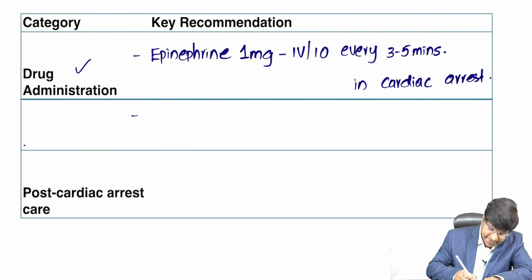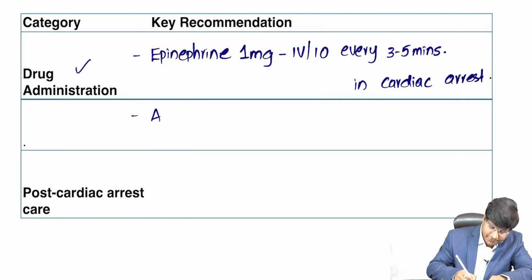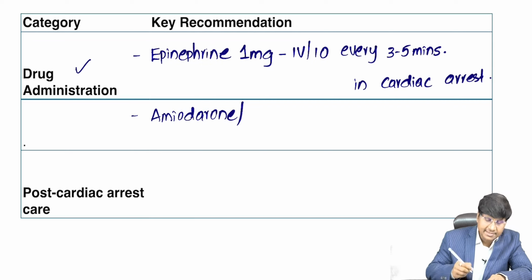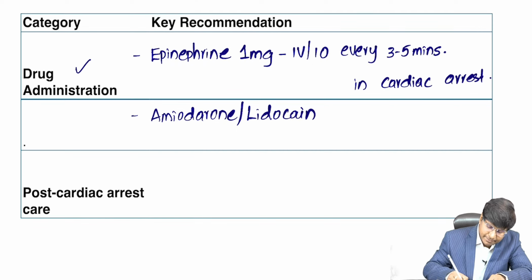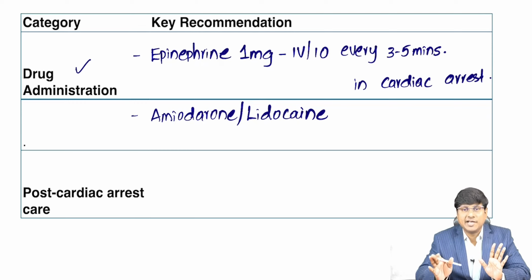And next, if the individual is in a state of VT or VF, along with the DC shock we also need to give amiodarone. After the DC shock, once the individual is hemodynamically stabilized, the drugs you need to give are amiodarone or lidocaine. But these drugs can be given before the DC shock also, if the individual is hemodynamically stable.